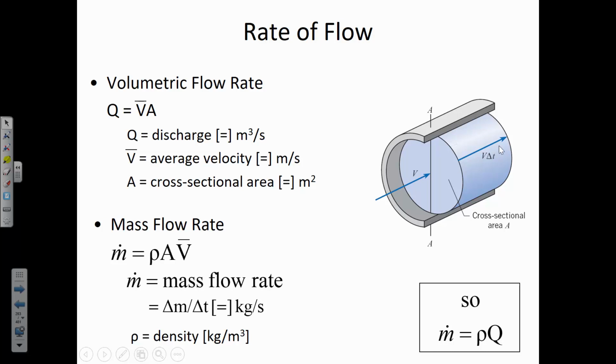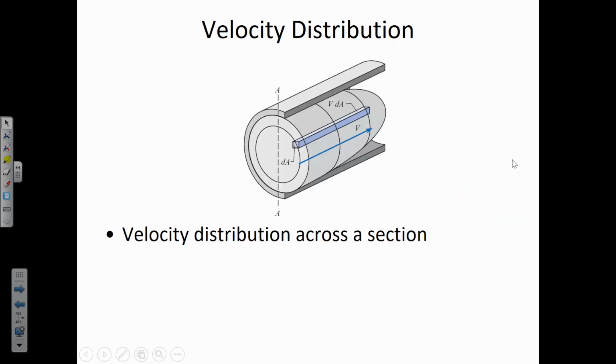So this is assuming an average cross-sectional velocity. This is assuming that actually the velocity at each one of those cross-sectional locations is going to be a little bit different. And so the way that we could find the volumetric flow rate if we had an accurate description of the velocity profile is to integrate over a lot of little differential areas the velocity that's representative of just a small section of the cross-sectional area.